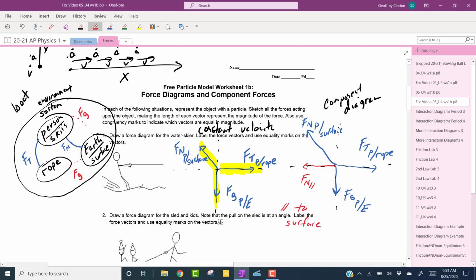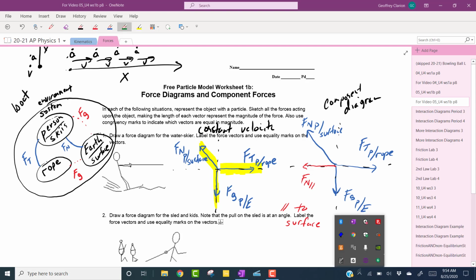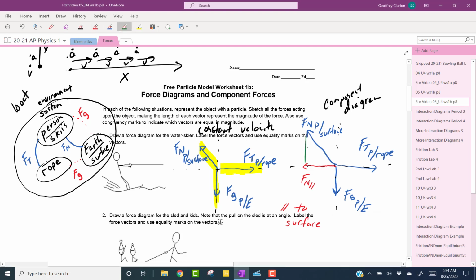And then we'll have another force in the vertical, so it has to complete this right triangle here. My vertical force, I'm going to say, is the normal force in the perpendicular direction. That's perpendicular to the surface.